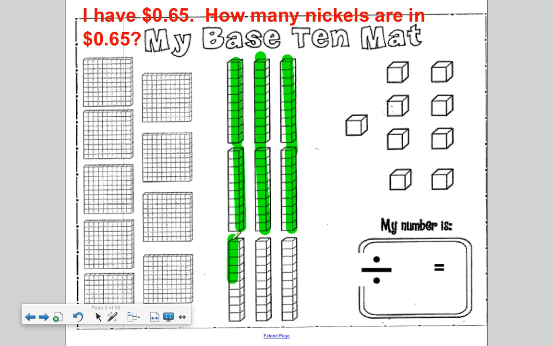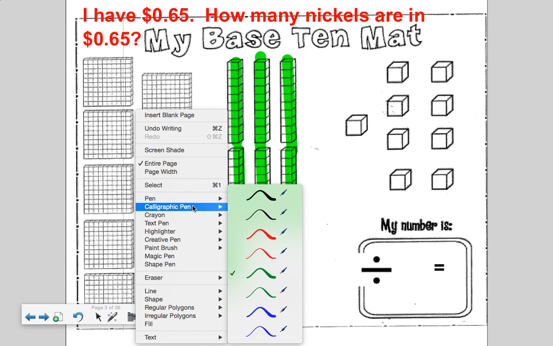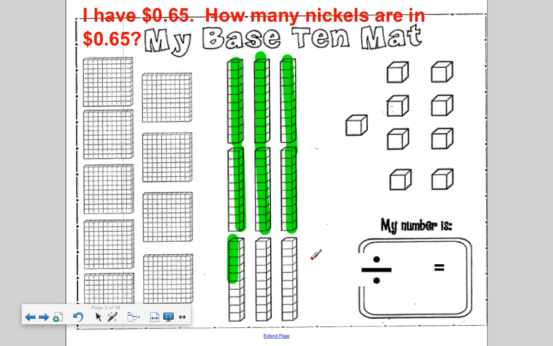How many nickels are in 65 cents? What is a nickel equivalent to? 5 hundredths. So I start again with 65 cents. I am dividing it. I'm finding how many groups of nickels, or how many groups of 5 hundredths, go into 65 hundredths.